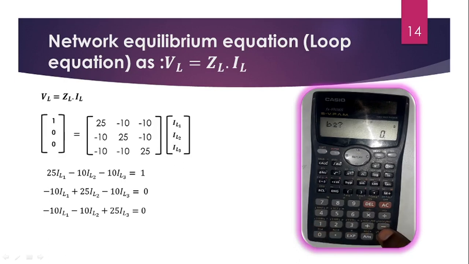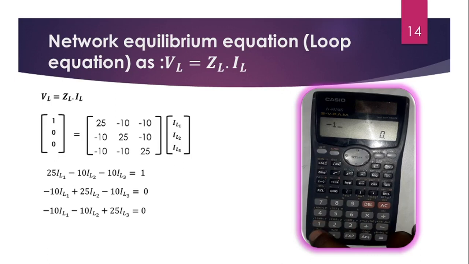So we are getting X, that means IL1, is 0.0857 ampere, a positive value, IL2 is 0.057 ampere, and Z, that is IL3, is also 0.057 ampere.